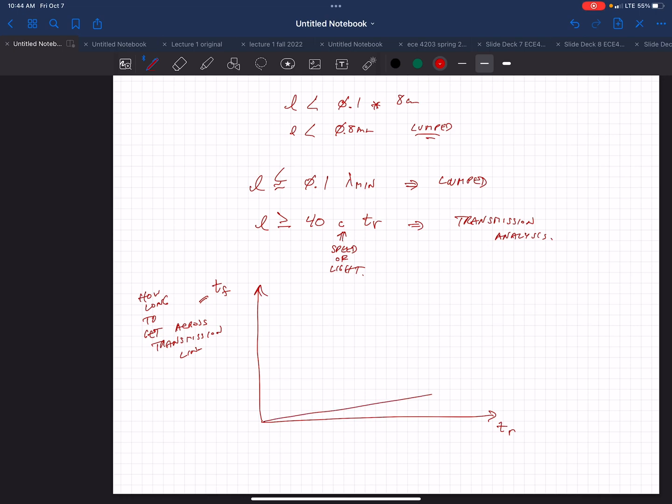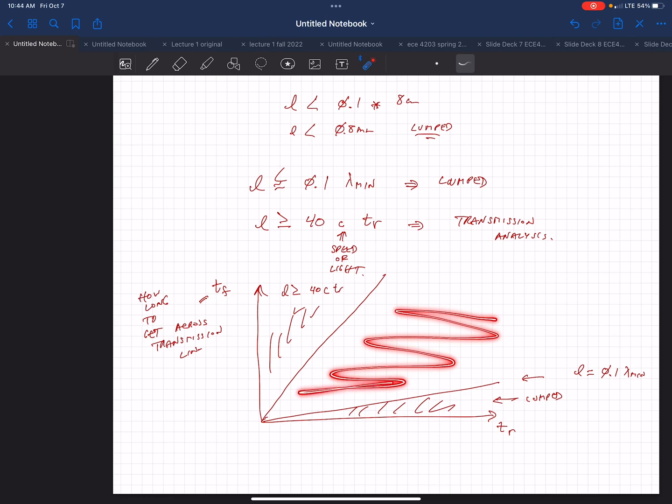If you're in a certain range of this ratio, you're in the lumped model, so this is when L is 0.1 times lambda min. And then if your flight time is longer, so L is greater than 40 C times TR, you're up here. So you have a gray zone in between where you're going to have to make a decision about which one to use.